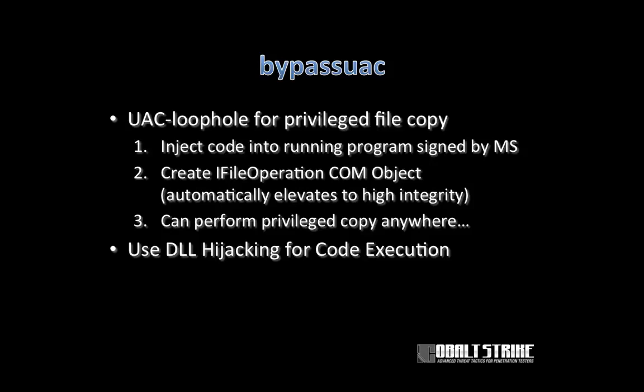And this IFileOperation COM object allows its actions to happen from a high integrity context within a Microsoft signed program running in a medium integrity context. And this COM object gives me the ability to do a privileged file copy. Pretty cool, pretty funny, pretty unexpected. Cool. So I've got the ability to copy my file somewhere. Great.